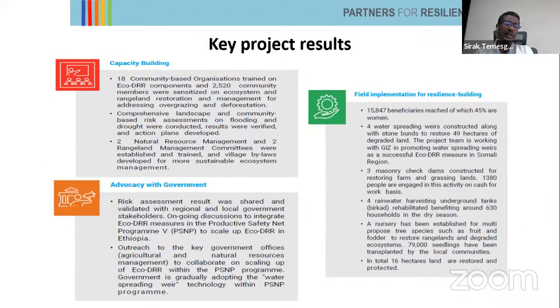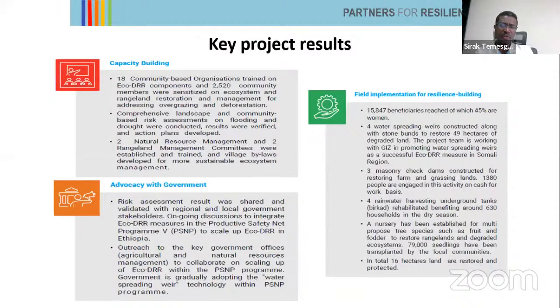Key results: 18 community-based organizations have been capacitated. Close to 2,500 community members have been sensitized. We conducted community-level and landscape-level assessments. 2 natural resource management committees and 2 rangeland management committees were also established to manage the restored areas.